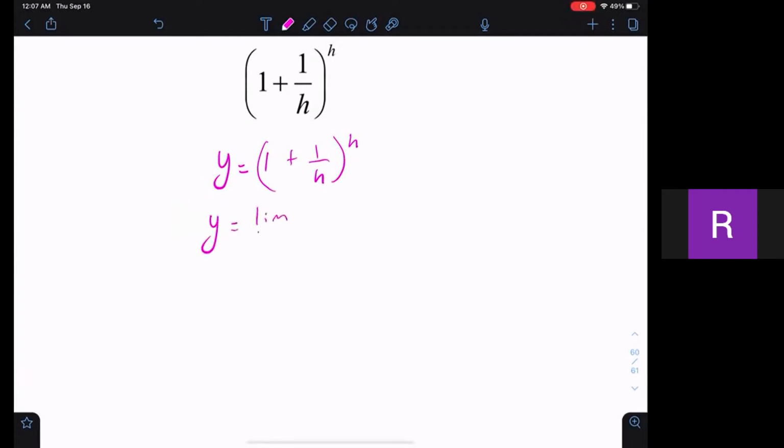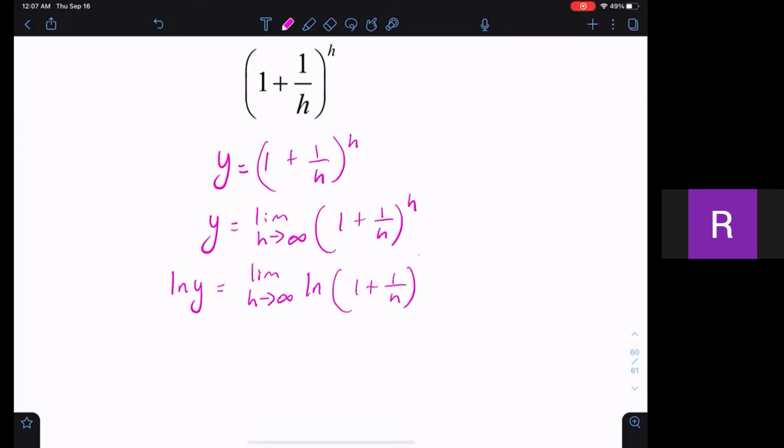The limit as h approaches 0, I'm sorry, h approaches infinity because it gets larger and larger, of (1 plus 1 over h) to the h power, right? Now, if I take the natural logarithm, I get this, right?